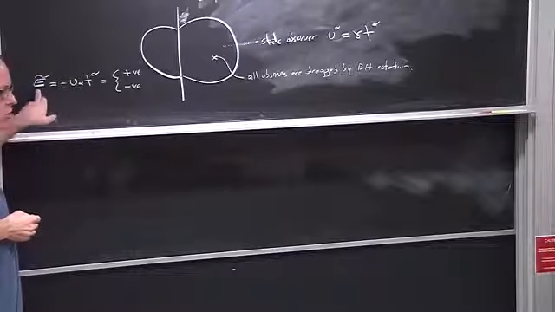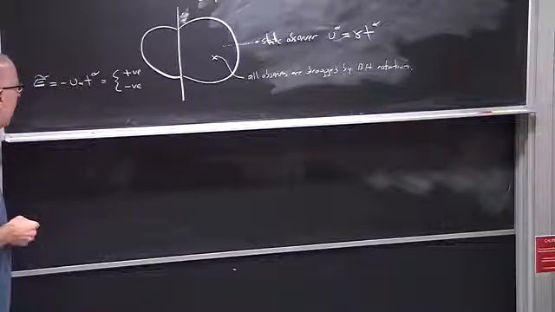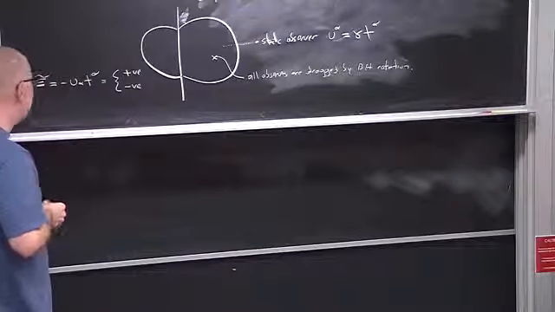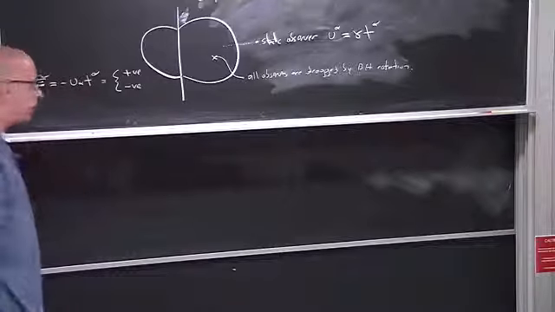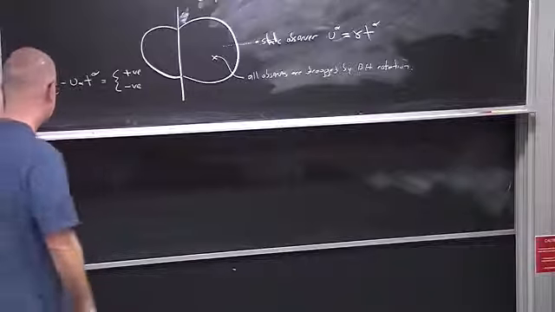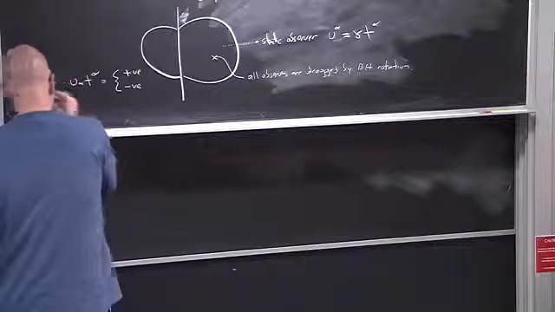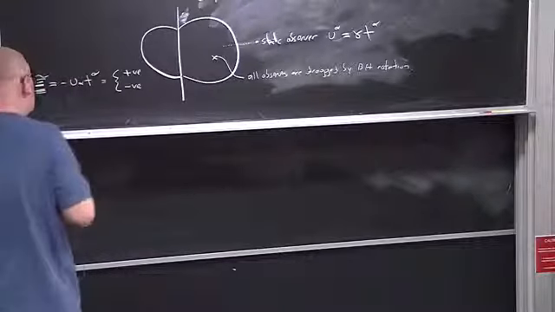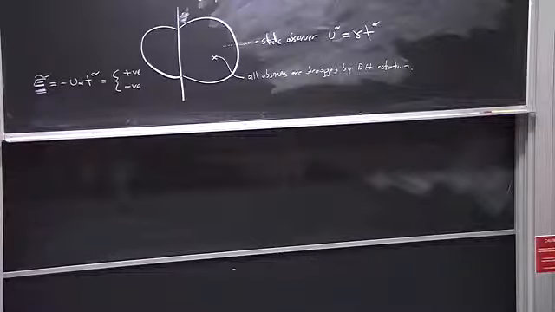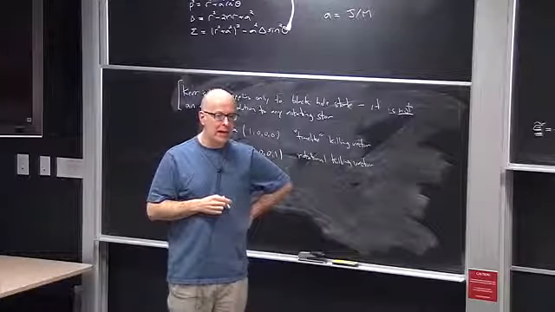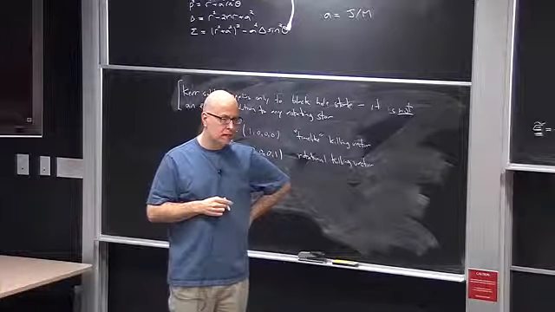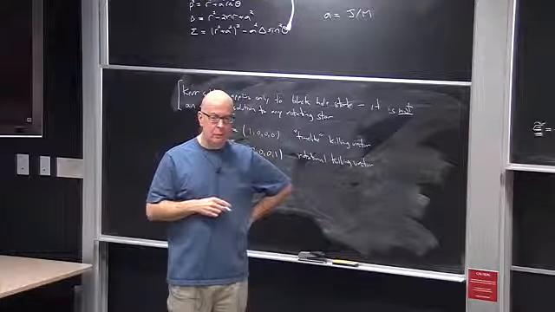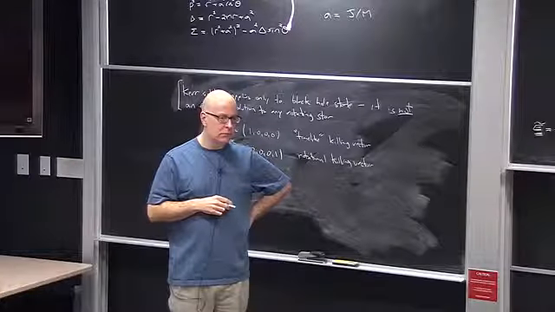This has the interpretation now of a momentum instead of an energy, and the momentum can be pointing this way or that way, so it can have either sign. But this quantity here always has the interpretation of being the energy that a particle would have at infinity if it could make it to infinity.